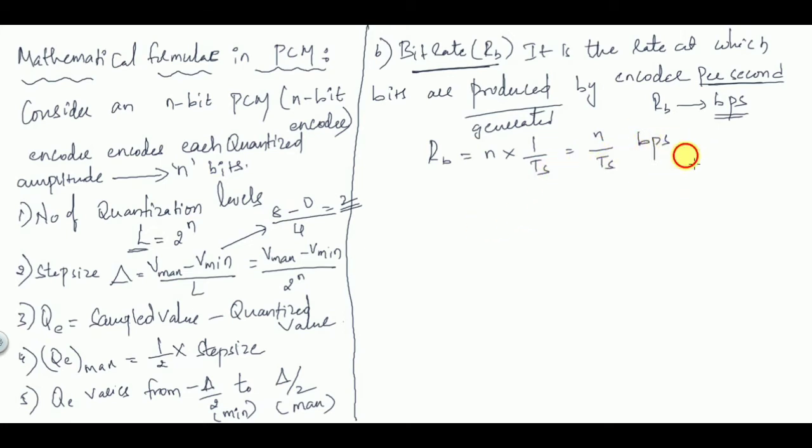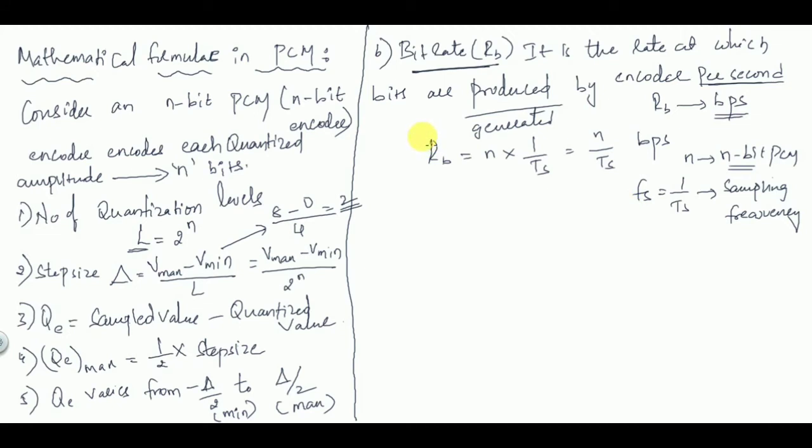Here n represents the number of bits, the n-bit PCM or n-bit encoder. And 1 by ts, fs, is the sampling frequency.